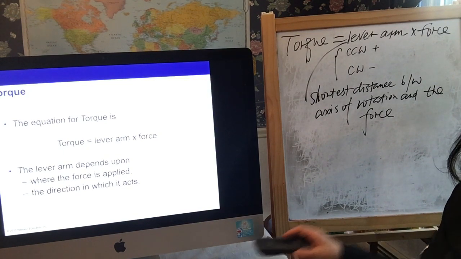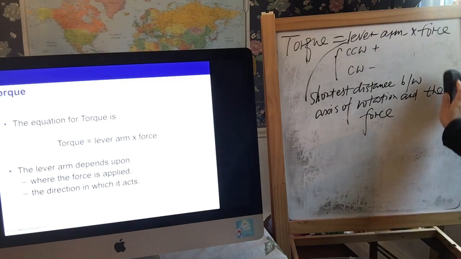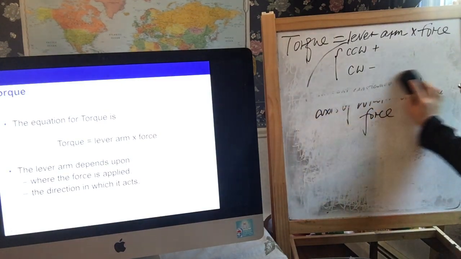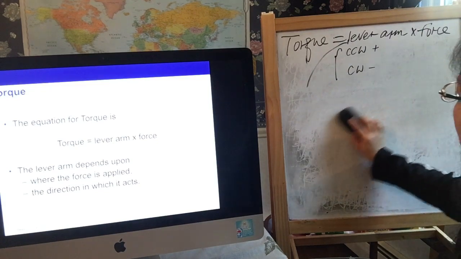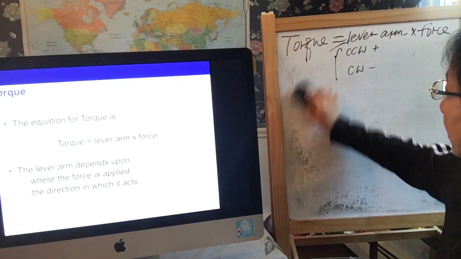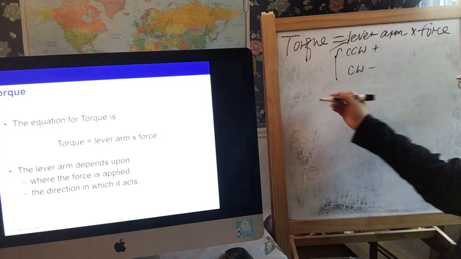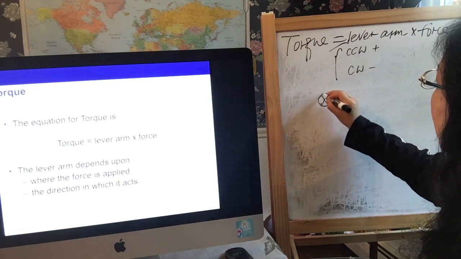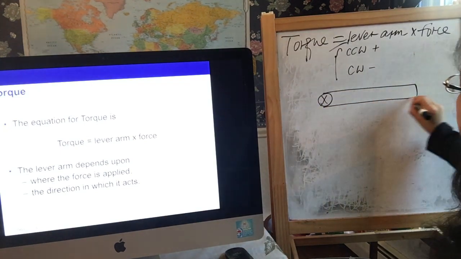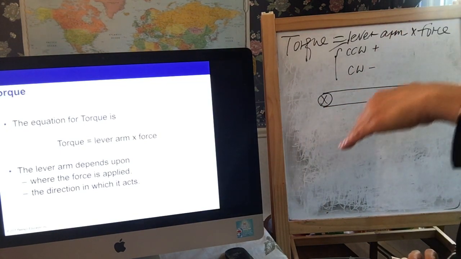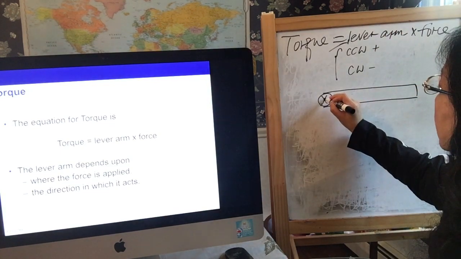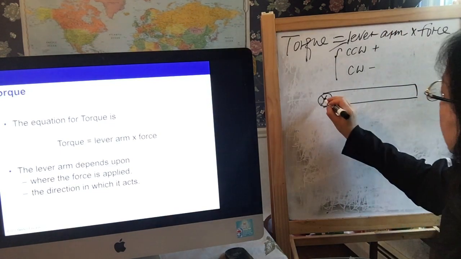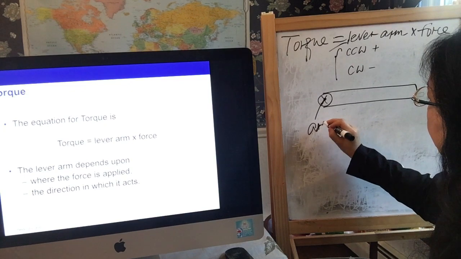So I'm going to use the door example to show you how we can find the lever arm and how we can calculate torque. For instance, if I look at the door from the top, here is where the hinge is located, and this is the axis of rotation.